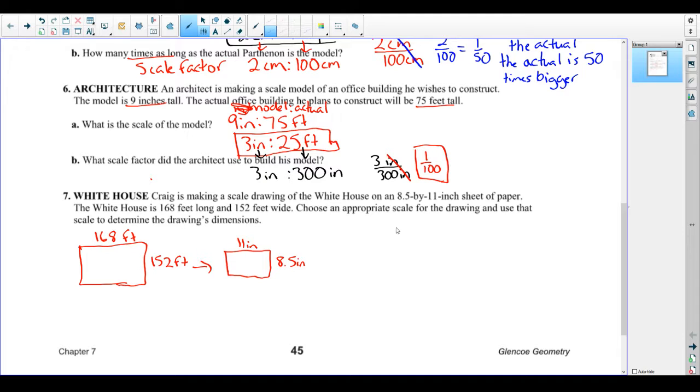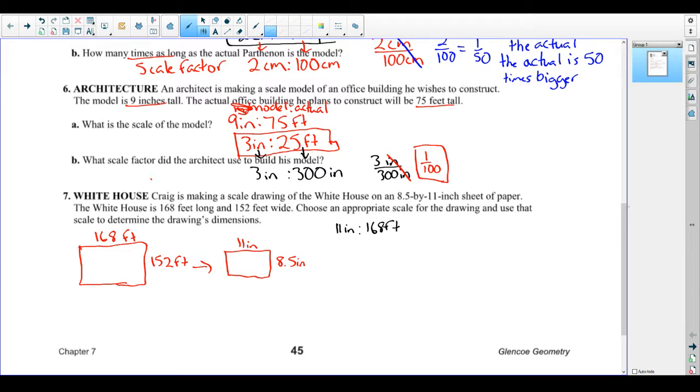So if we take our long sides, say we have 11 inches to 168 feet. Okay. And if we divide that out, I'm actually going to divide it the other way. I'm going to say, what's 168 divided by 11?